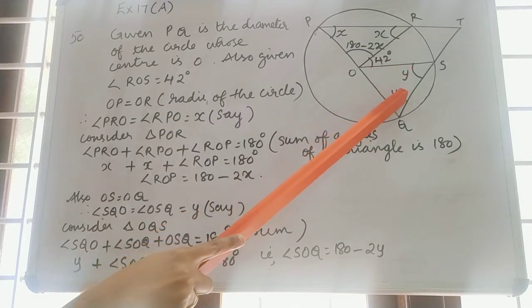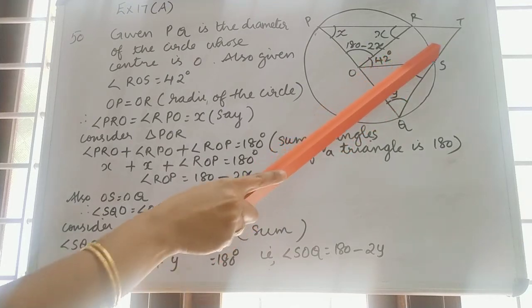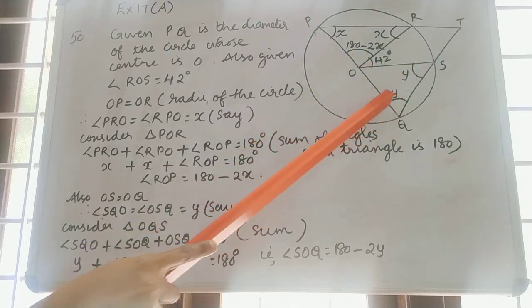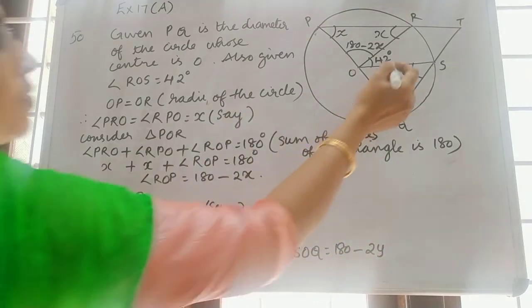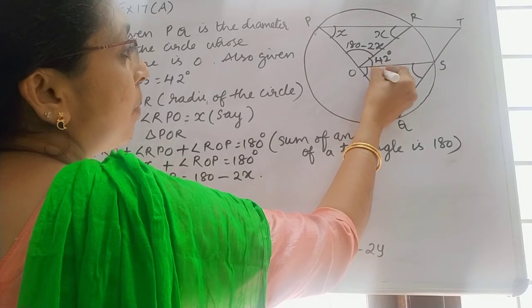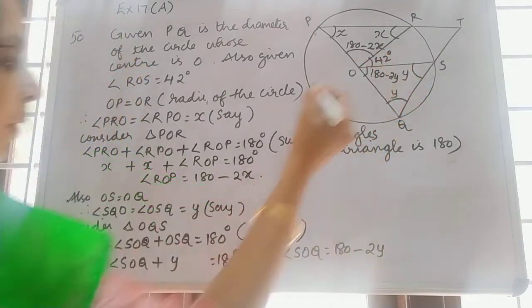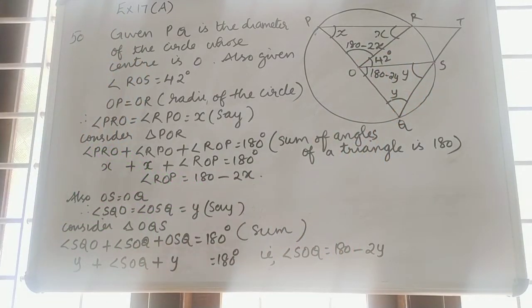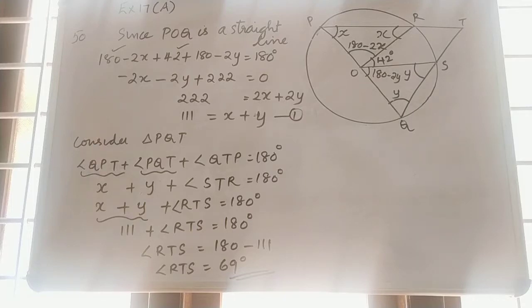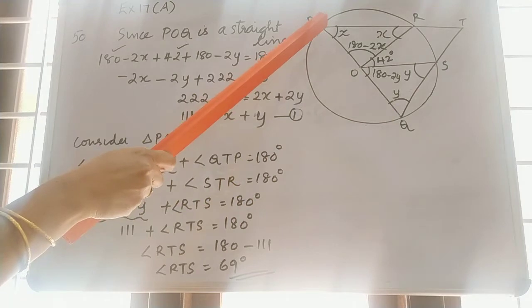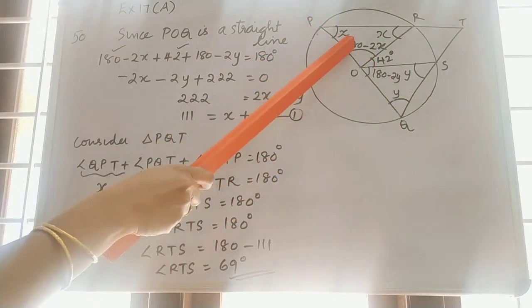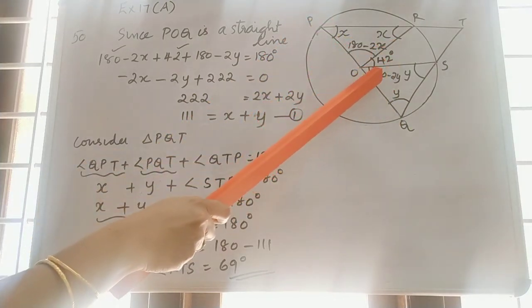So y plus y is 2y, so angle SOQ will be 180 minus 2y. So we can write here SOQ as 180 minus 2y. Given PQ is the diameter, that is PQ is a straight line. Since PQ is a straight line, the sum will be 180 degree.